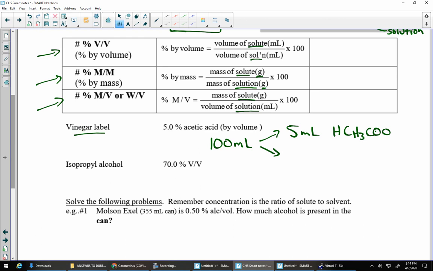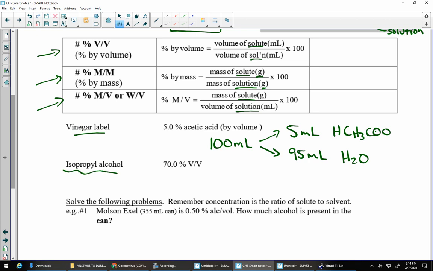The other 95%, or 95 milliliters, is just water. Out of the total 100%, 5% is the acetic acid and 95% is the water.